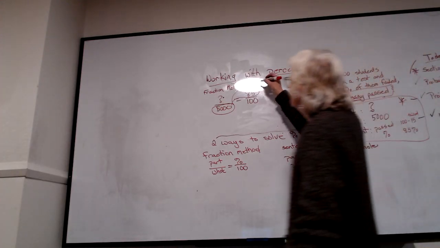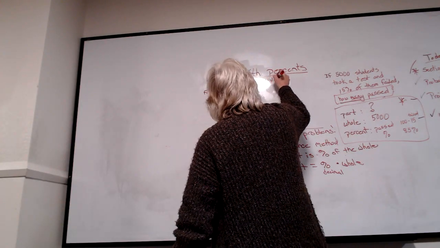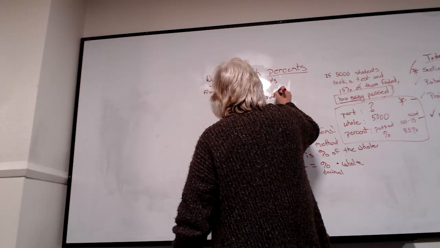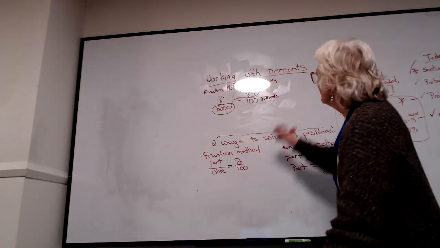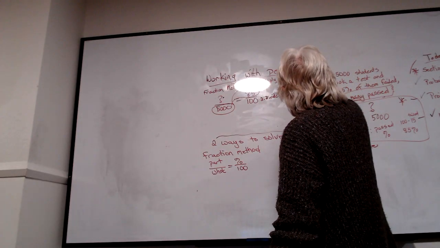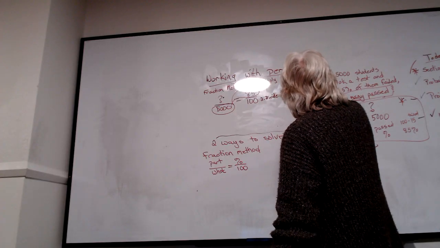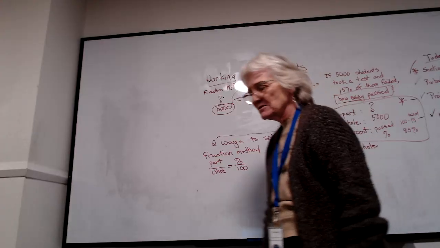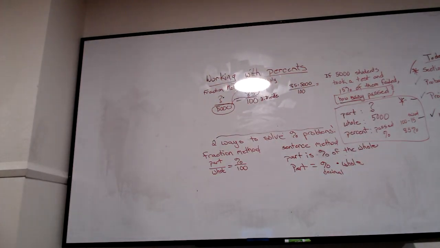So you multiply, and you divide, and that's by this 100 here. So it would be 85 times 5,000 divided by 100, and that will give you your answer, okay? That will actually give you what you need for an answer.